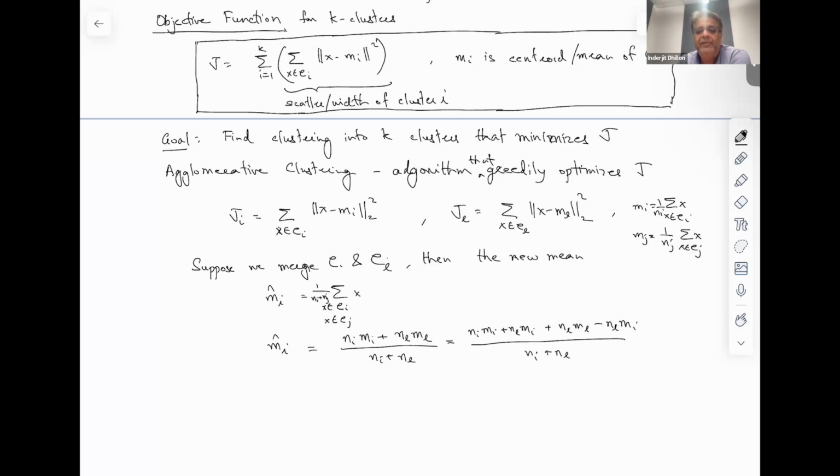But that gives us Ni plus Nl times Mi, and I can divide it. So I can write it as Mi plus, what do I have over here? Nl, Ml minus Mi, divided by Ni plus Nl.